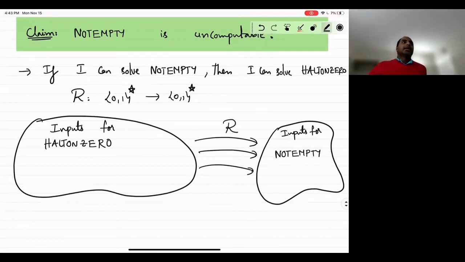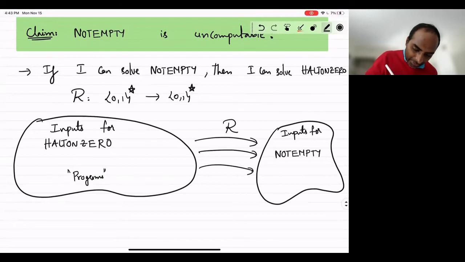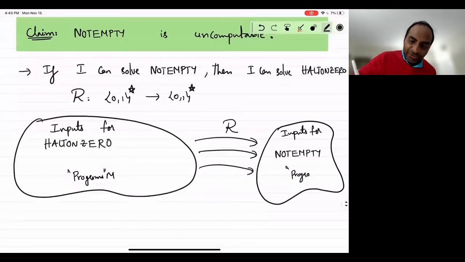Okay. And so here the inputs for halt on 0 are programs M and here are also programs.